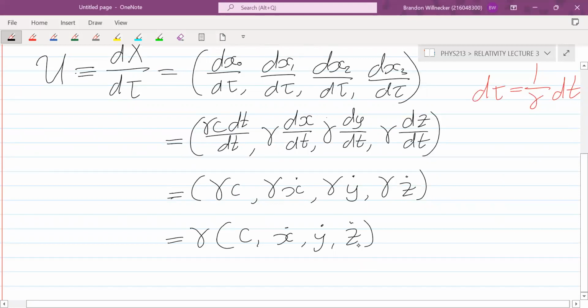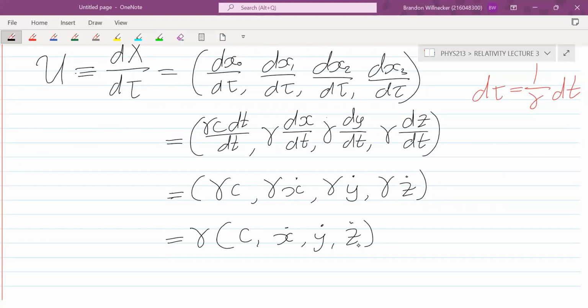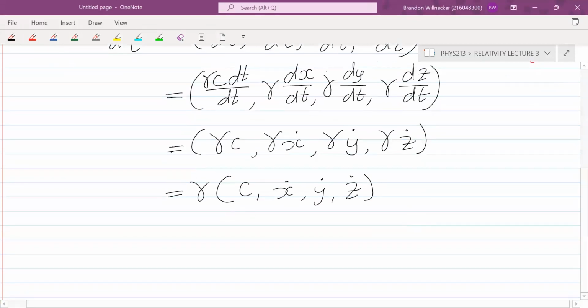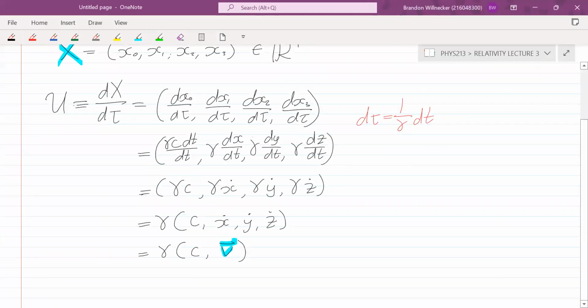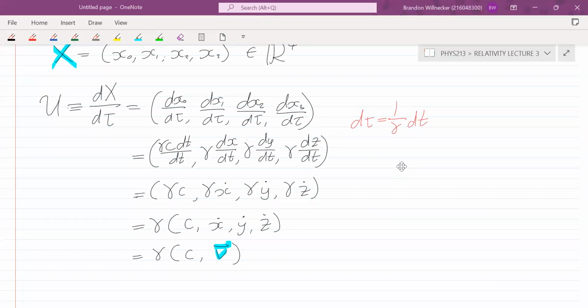Now x dot, y dot, z dot forms a 3-vector that we just call the velocity. So we could write this compactly as gamma (c, 3-vector v). So this is just a 3-vector x dot, y dot, z dot. Okay, we've got a little compact notation there. So this is the 4-vector, the 4-velocity.